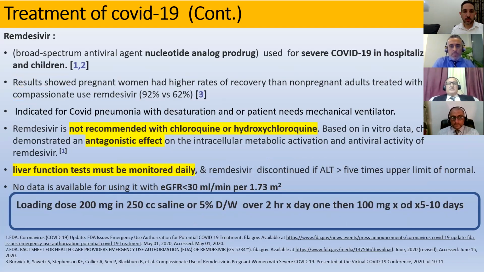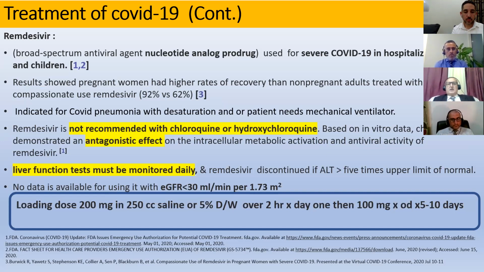Remdesivir is a nucleotide analog, and it's used for severe COVID-19 in hospitalized patients, those who are desaturated and those who are on mechanical ventilation, whether NIMV or intubated. They also found a very good result in pregnant women.